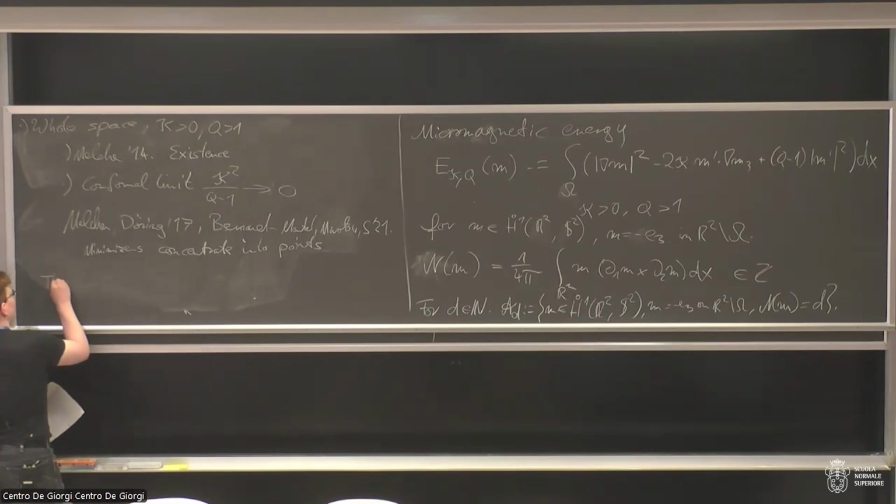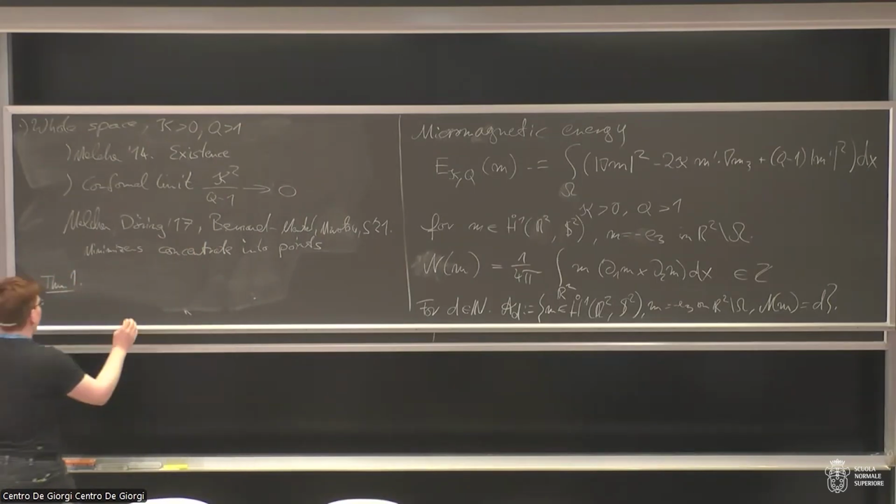Okay, then I'll just very briefly, because I like this theorem very, very much. The thing that allowed us to deal with the conformal limit is a rigidity result for the harmonic map problem.